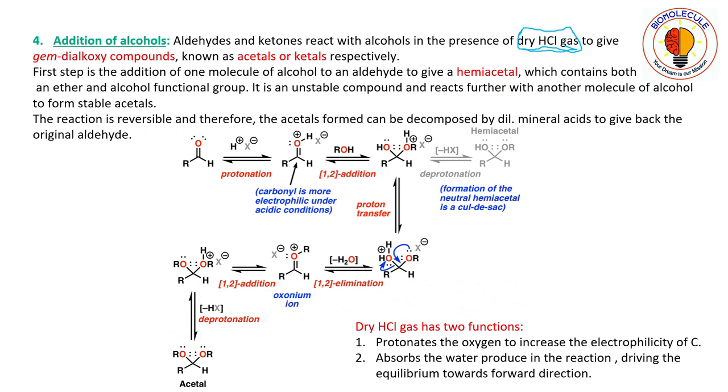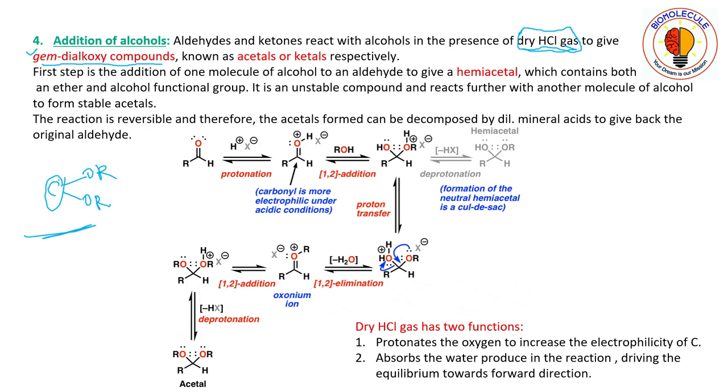Okay, so what you will get is gem dialkoxy compounds. Gem means geminal, and dialkoxy means the two alkoxy groups, OR, will be bonded to the same carbon atom, geminal.